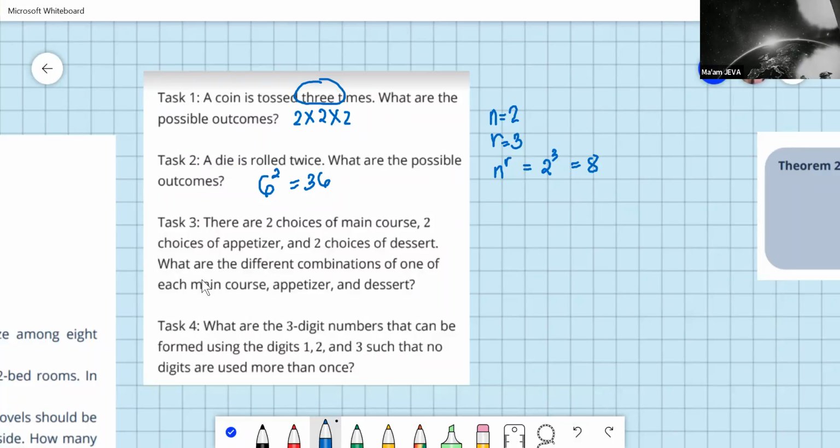What about example number 3? How can this be classified? Two choices of main dish, 2 choices of appetizers, 2 choices of dessert.